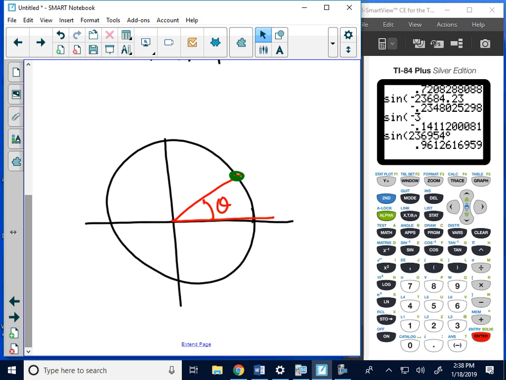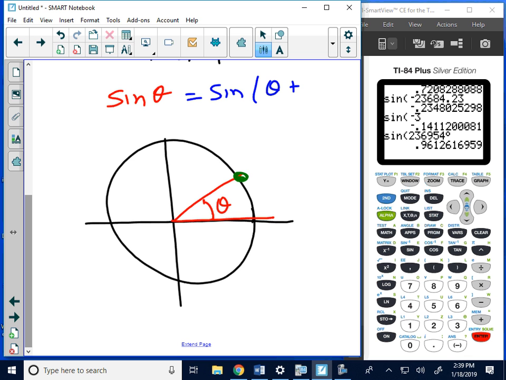Once. Just make one more rotation, and you'll end up right back at that same location. There's that view again. It's perfect. The sine of theta, the y-coordinate there, is exactly the same as the sine of theta plus a rotation. What's one full rotation? Don't tell me 360 degrees. 2 pi, right?